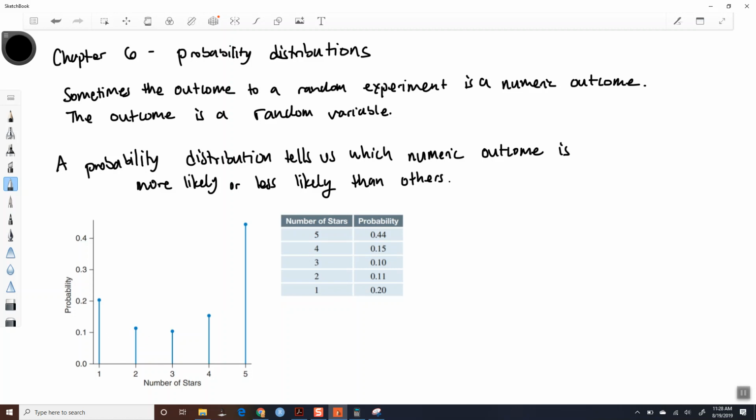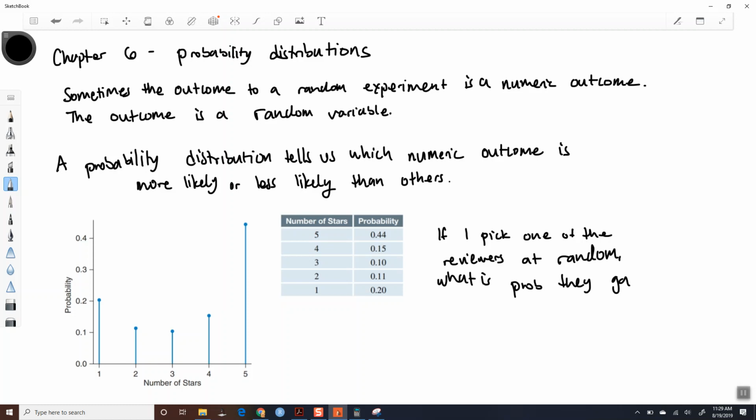The questions you can ask about this are a little bit strange, but it would be something like, if I were to pick a random reviewer, because it's too much of a stretch to say this is representative of the population, we're just going to say, if I pick one of the reviewers at random, what is the probability they gave a 5-star review? Okay, and the answer is just 0.44.